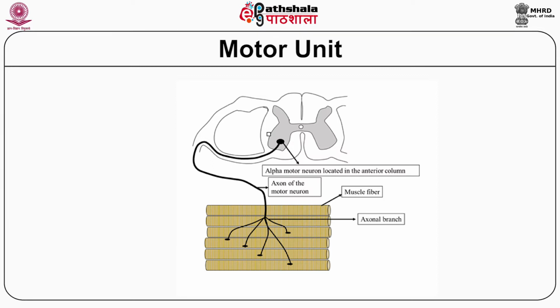As you can see in this figure, the alpha motor neuron along with the set of muscle fibers innervated by its axon is collectively called a motor unit.